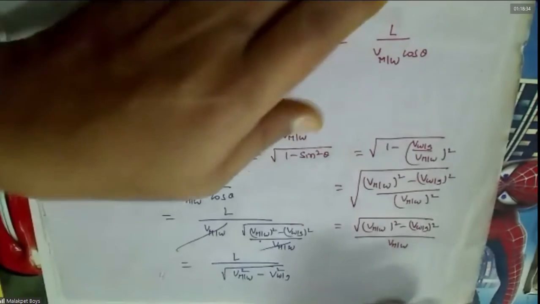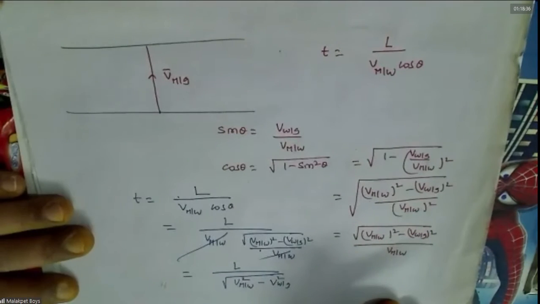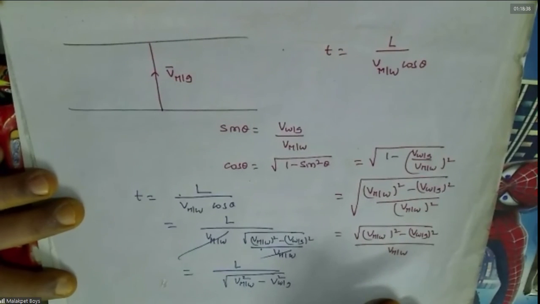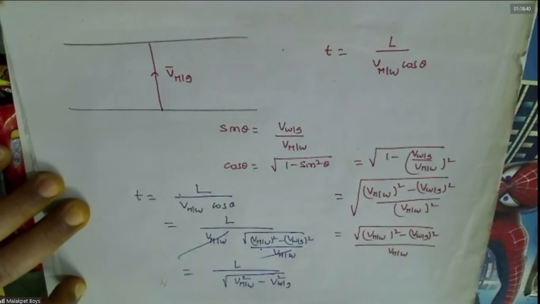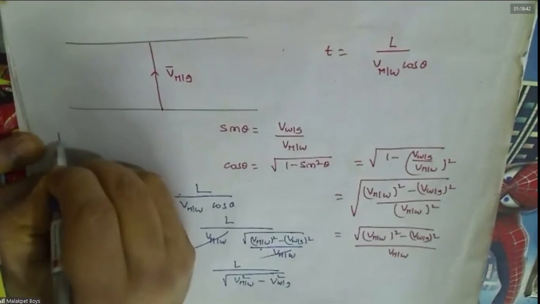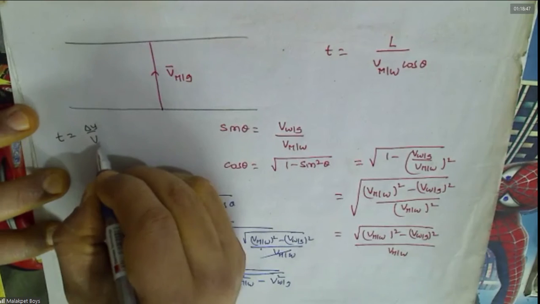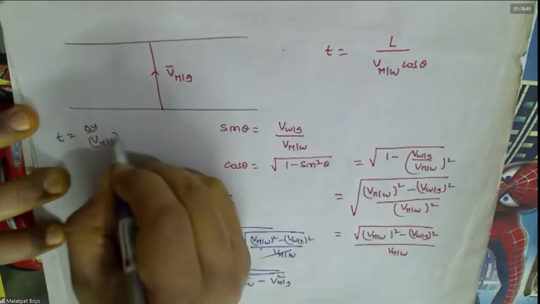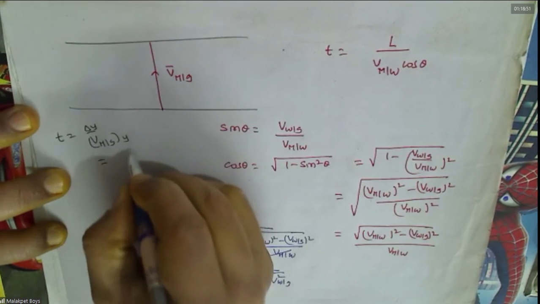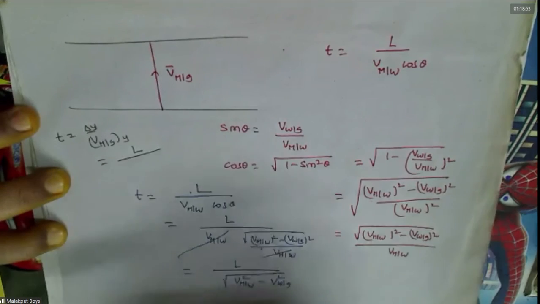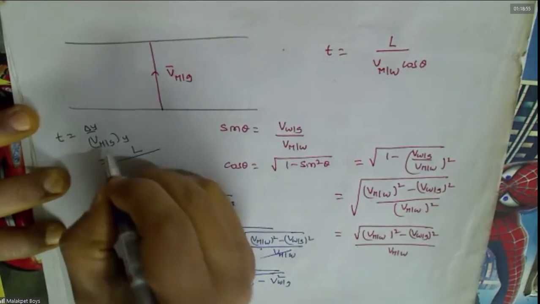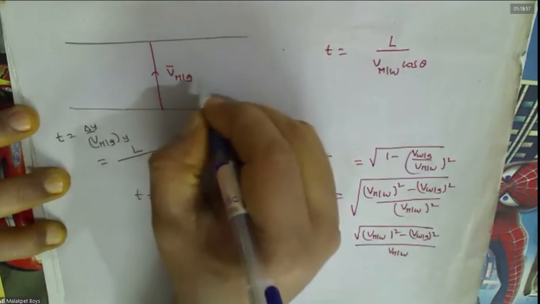So directly don't memorize any formulas, man. It's a dangerous thing. See, I'll tell you another way to find it. We already found this: displacement in the y direction by velocity of man with respect to ground in y direction. This is L. What is this value? You can see this velocity.